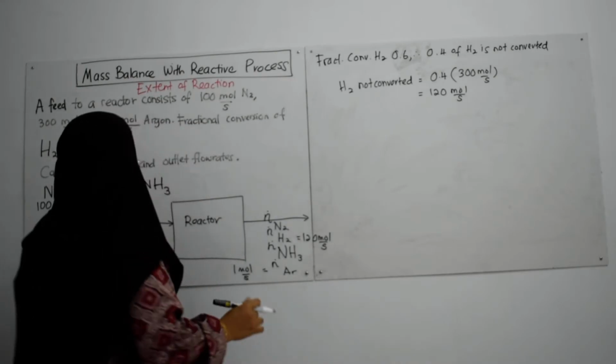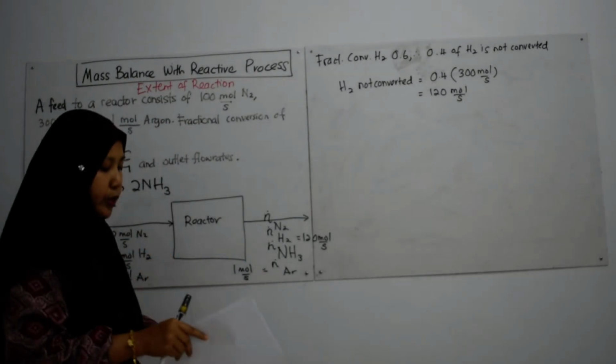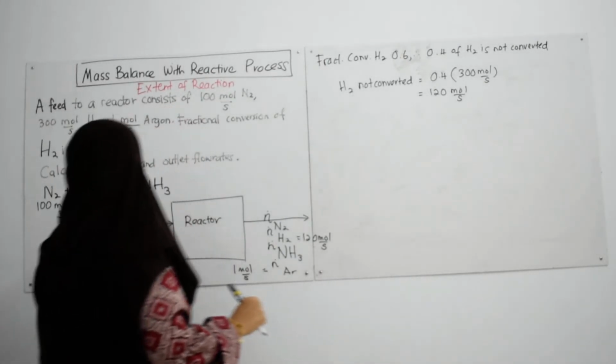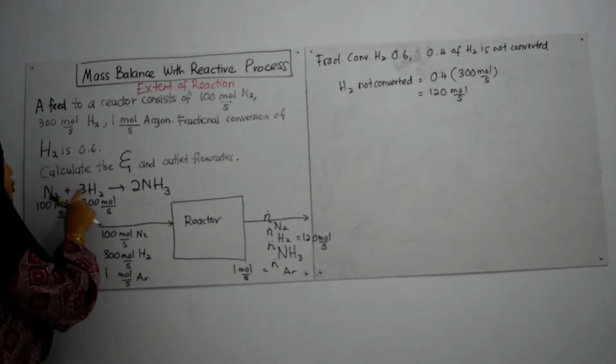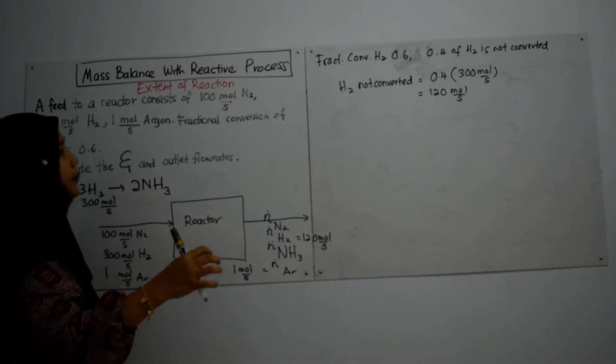The question now wants you to find the extent of reaction. Remember, if we're using the method of extent of reaction, we have to write the equation for each compound in the equation.